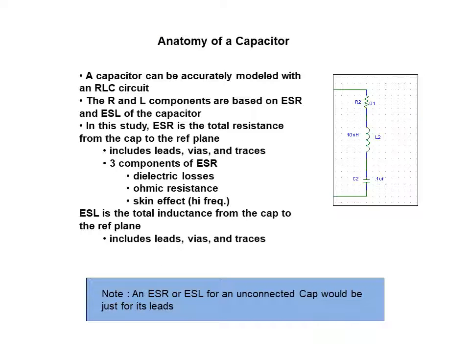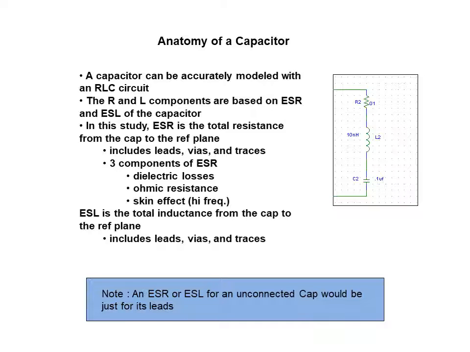So we discuss the anatomy of a capacitor. When you model a capacitor, it consists of an RLC circuit as shown on the right, and the R and L components are based on the equivalent series resistance and the equivalent series inductance of the capacitor.